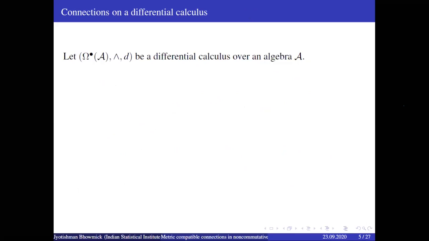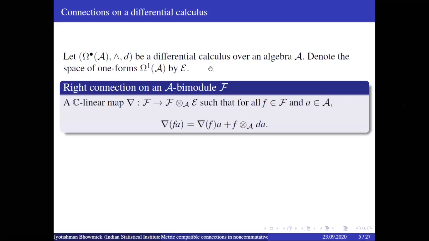Whenever I talk about connections, I will fix a differential calculus over an algebra A. This algebra A might not be commutative. As before, I will denote the space of one forms omega 1 A by the symbol E.